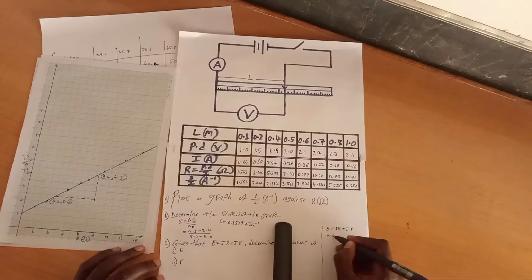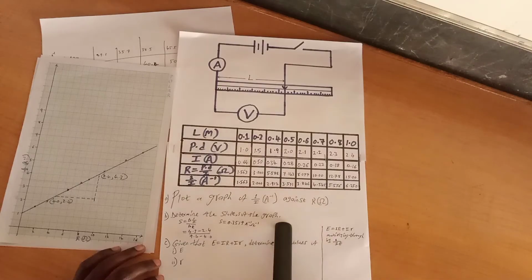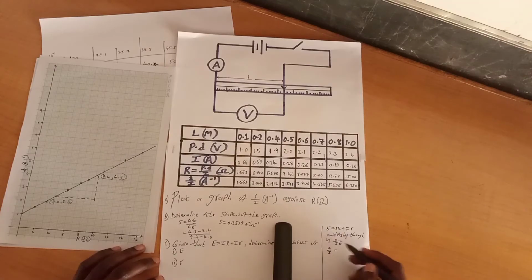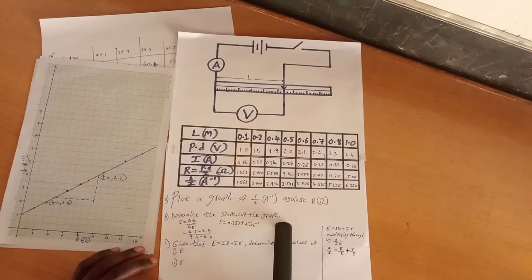Multiply through by 1 over IE. So we have 1 over I equals R over E plus r over E.